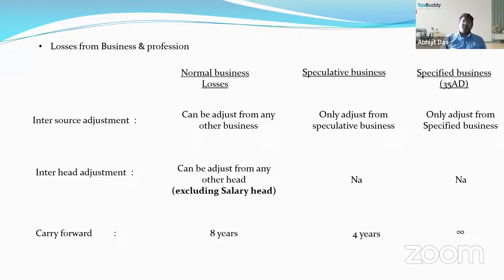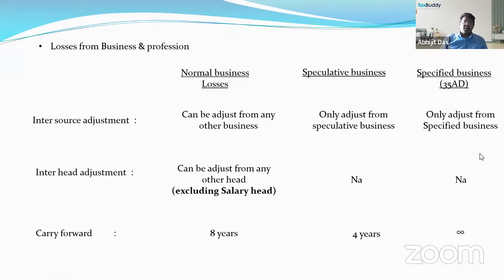Losses from business and profession. There are three types of business and profession. Number one is normal business. Number two is specified business under section 35AD, and number three is speculative business.